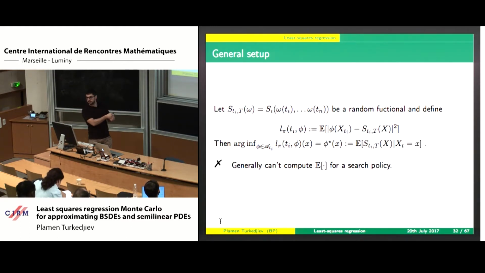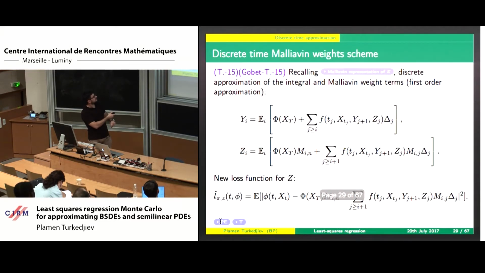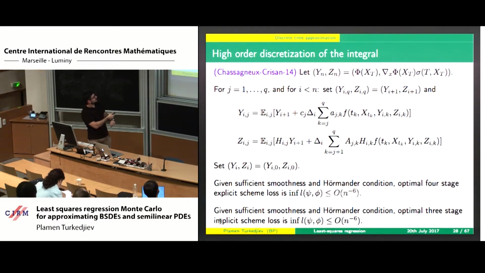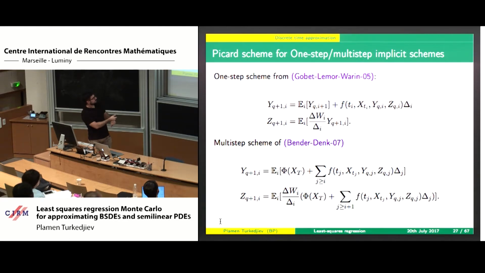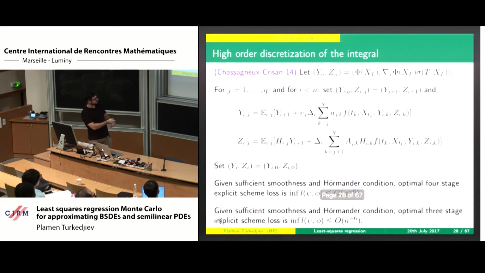But this can be any functional for the moment. Just so you know where this is going, in a few seconds I'm going to replace S by this term here. Sorry, this is for the Bender-Denk scheme, but it's easy enough.